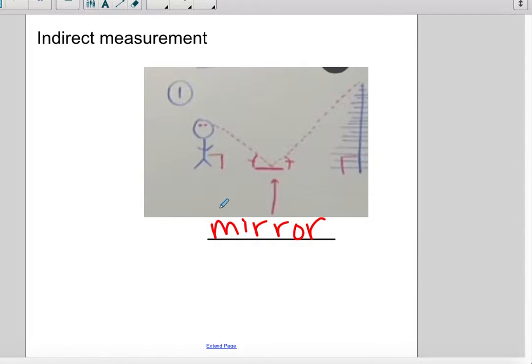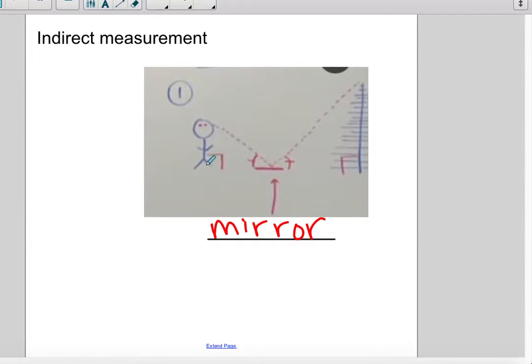In this situation, we're going to place a mirror on the ground right here, and you're going to have a tall tree over here, and this person is going to back away from the mirror until they can see in the mirror, when they look down, the very tip top of the tree. And they'll continue to back up until again they can see that.